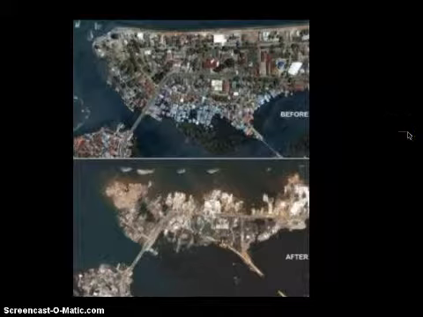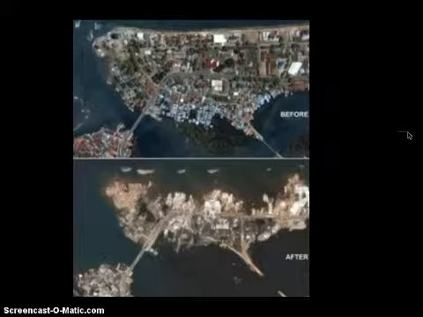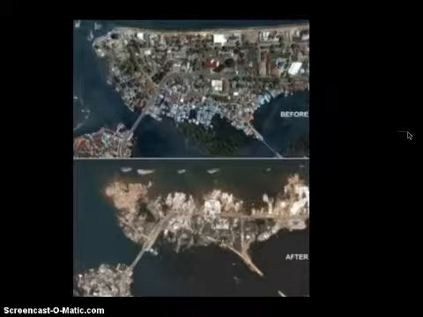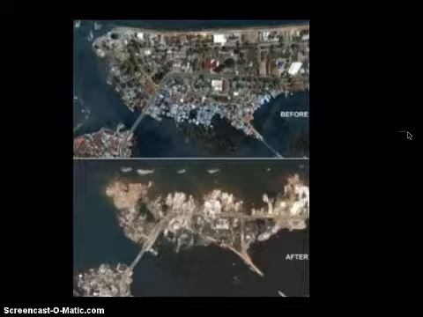Now, a lot of the destruction, I should say, is caused by the actual water itself, because most buildings are not built to withstand a 30-foot wall of water. Now, a lot of the death that occurs is because of the aftermath and because of the debris that's in the water.